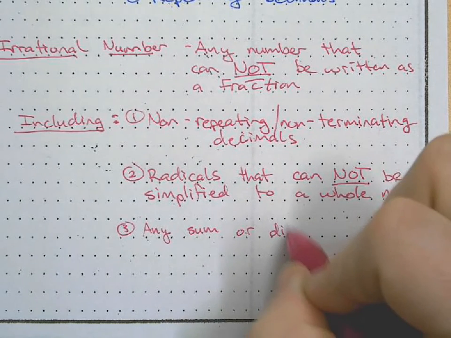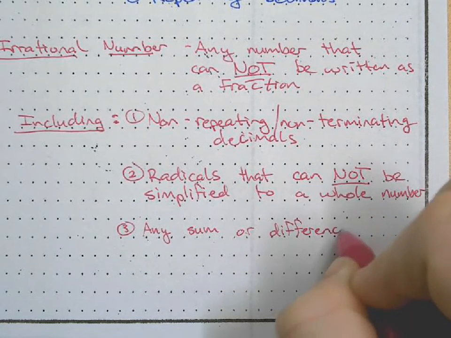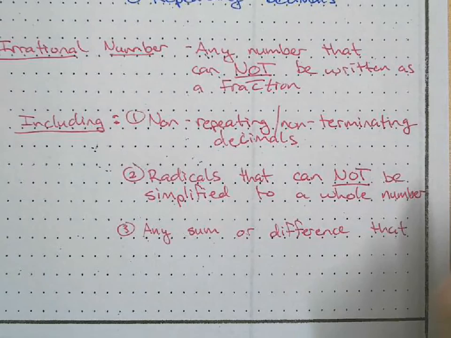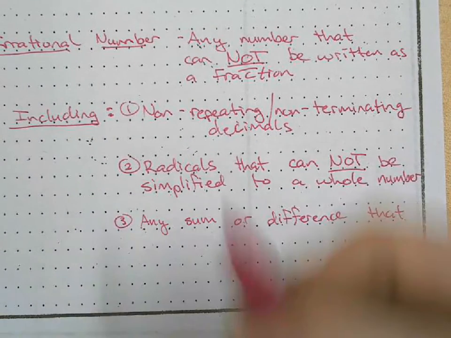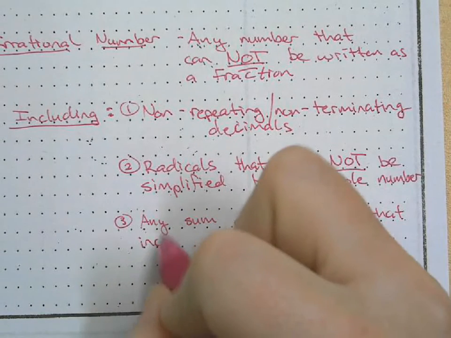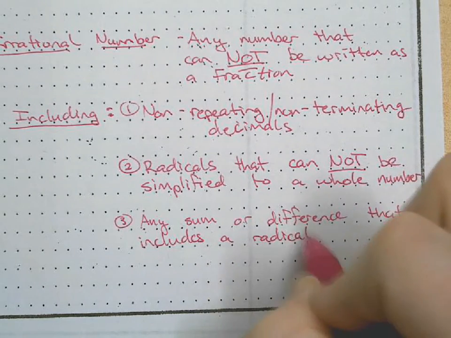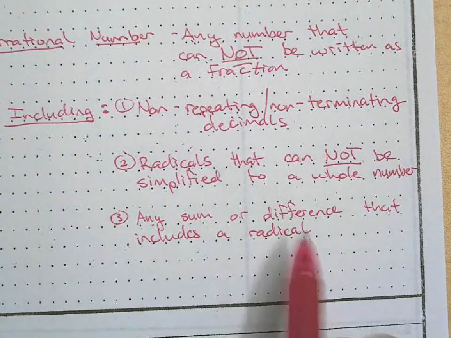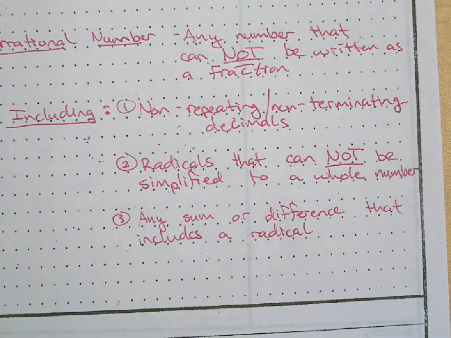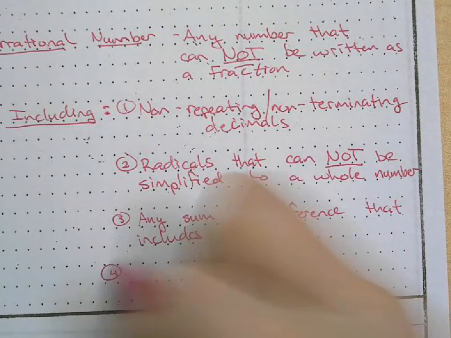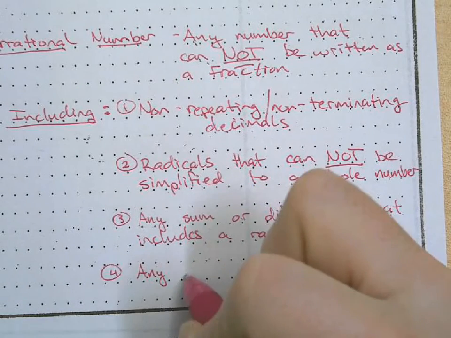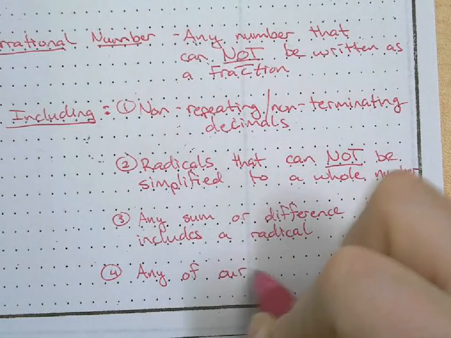Any sum or difference that includes a radical that can't be simplified to a whole number, and any of our special numbers.